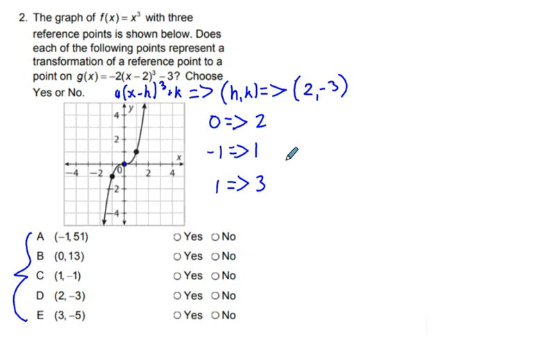So 1 comma negative 1, 2 comma negative 3, 3 comma negative 5. So all of these are correct, these last three. And since the first two are, that's the maximum number of correct ones we can have. So these first two here, part A and part B, are no.